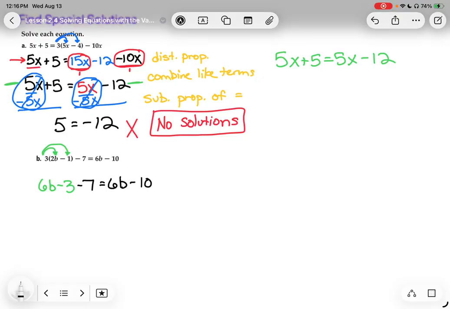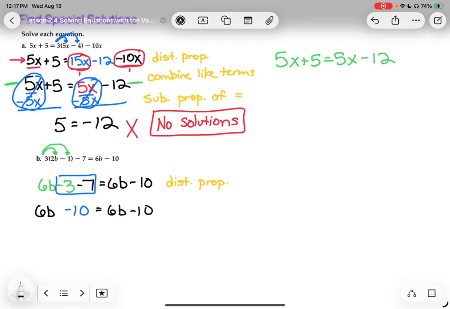We've got some things we can combine. Negative 3 minus 7 gives us negative 10. So we got 6b minus 10 equals 6b minus 10 after combining like terms.